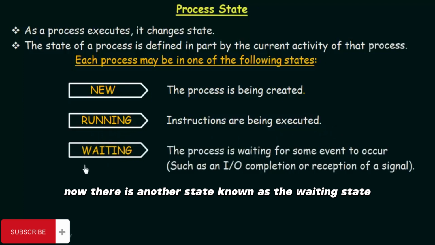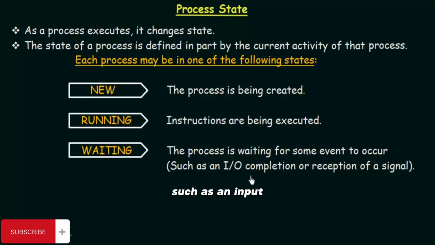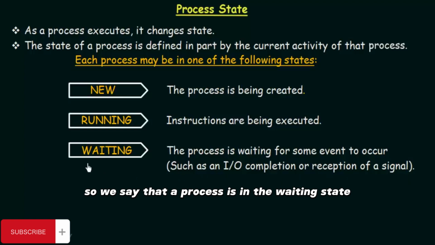Now there is another state known as the waiting state. The process is waiting for some event to occur, such as an input-output completion or reception of a signal. So we say that a process is in the waiting state when it is waiting for some event to occur. What can be the events? Some examples are I/O completion.